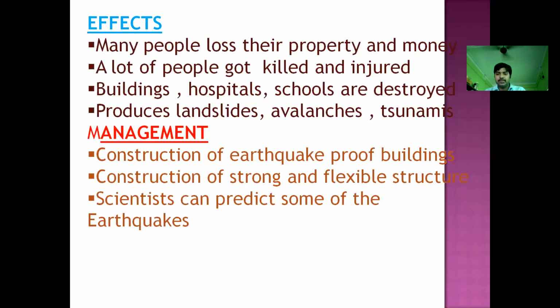Number 2, we will have to prepare a strong structure, means strong construction, so the structure should be so strong that it will withstand earthquake. Next, our scientists are now able to predict some of our earthquakes.